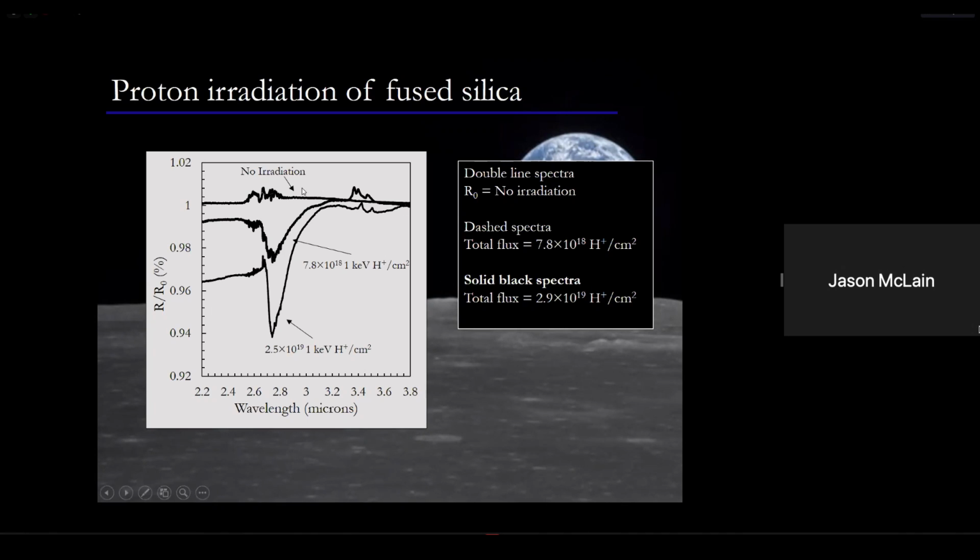You can see here I measured the back of the sample, so there's no radiation here. The sample's on the order of a couple millimeters thick, and then as we continue, we can see this start to grow in this really nice OH feature.